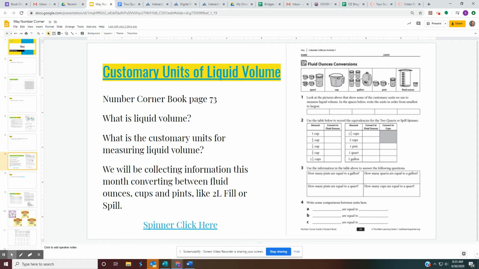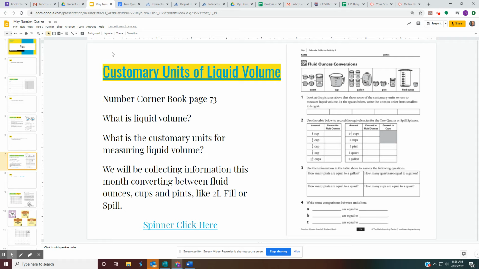And so it's pretty easy, right? 4 cups equal a quart. How many equal a gallon, right? So this is our quart. So we have 4 quarts equal a gallon. We have 2 cups equal a pint. And we have a little fluid ounce here where 8 fluid ounces equal 1 cup.